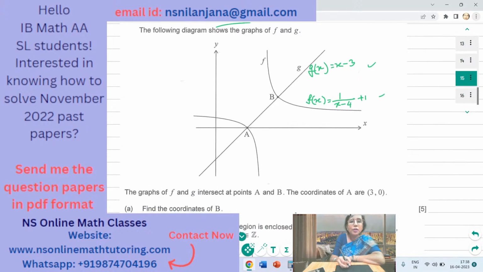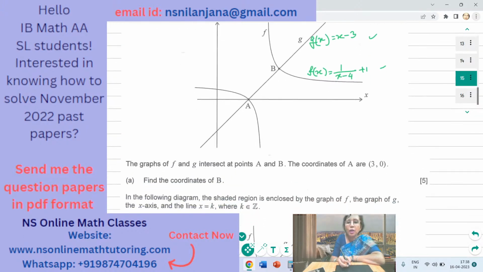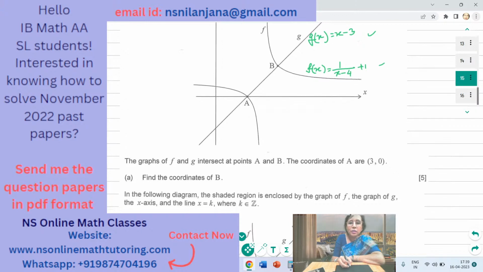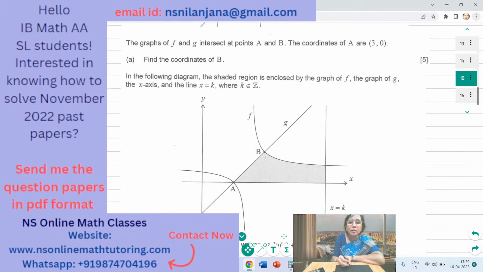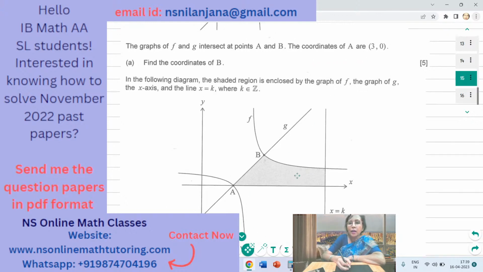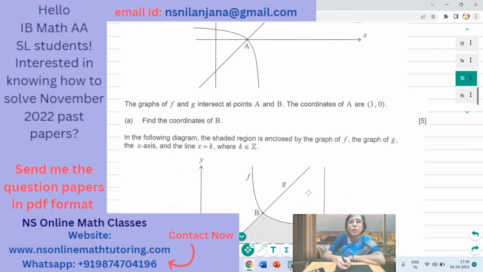I have written these two expressions just to be able to scroll up. Anyway. The graphs of f and g intersect at points A and B. The coordinates of point A are 3 and 0.